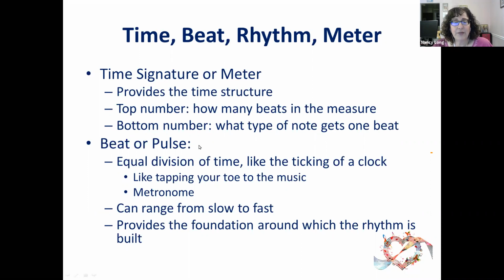The beat itself is like a pulse. It's really the steady beat. It's not rhythm. Beat is not rhythm. Beat is the steady equal division of time, like the ticking of a clock, like the ticking of a metronome, like the tapping of your toe to music. It can be fast, it can be slow, and it provides the foundation around which the rhythm is built.